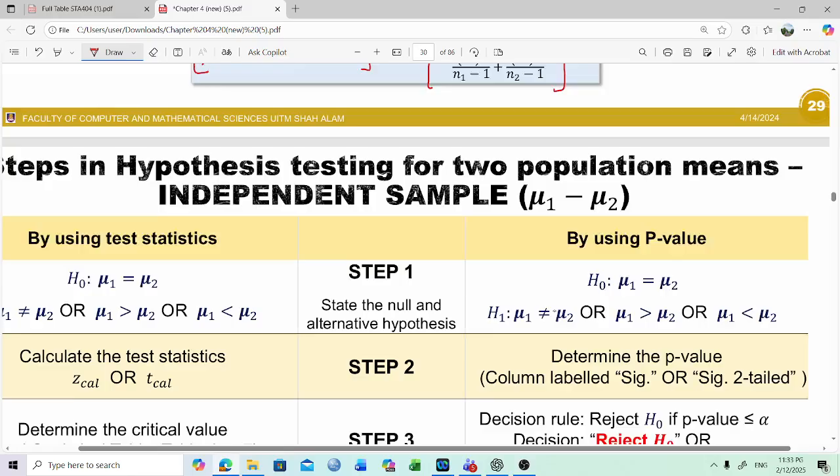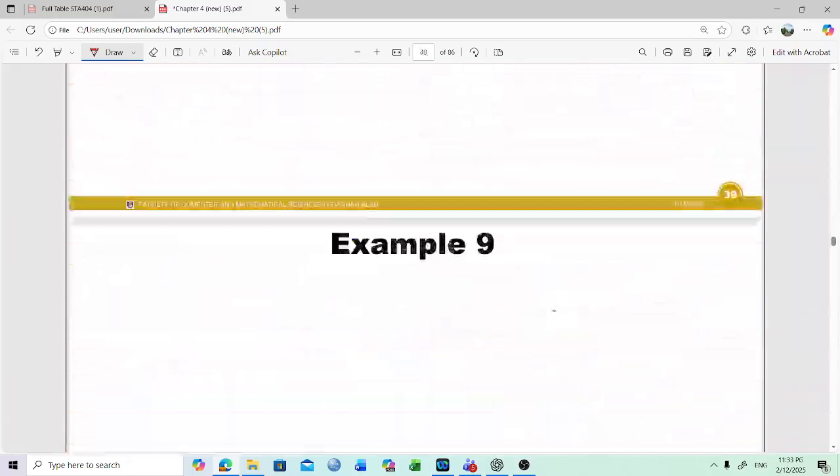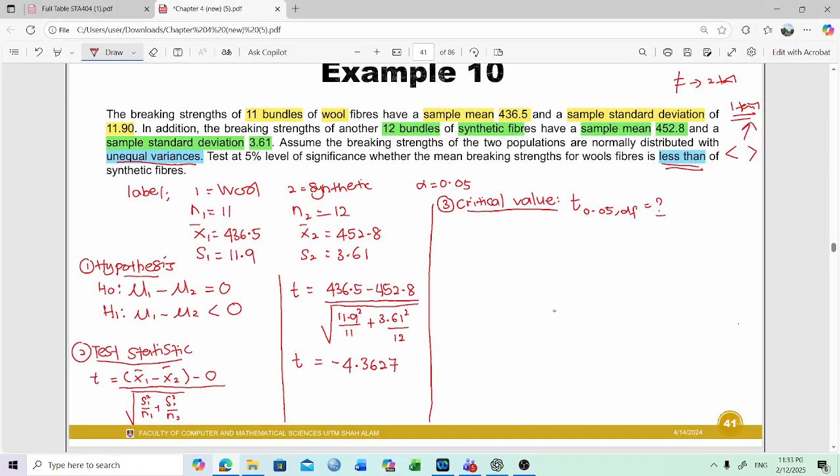So take this formula, and please substitute all the values into the formula.